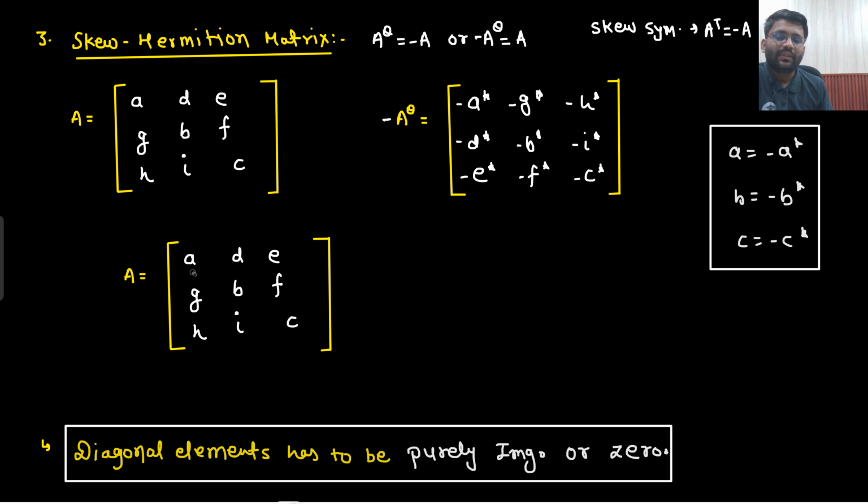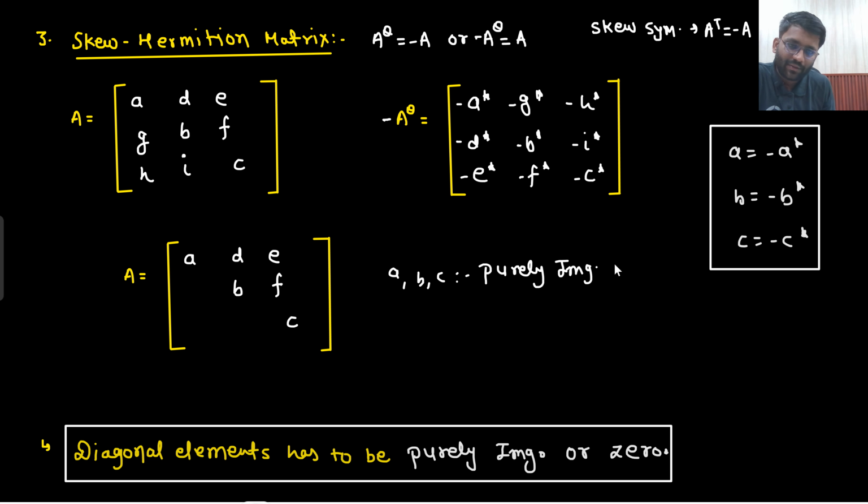So these are purely imaginary numbers, no? So what I will write down, let it be A, B, C only, where I am saying A, B, C are purely imaginary or 0.